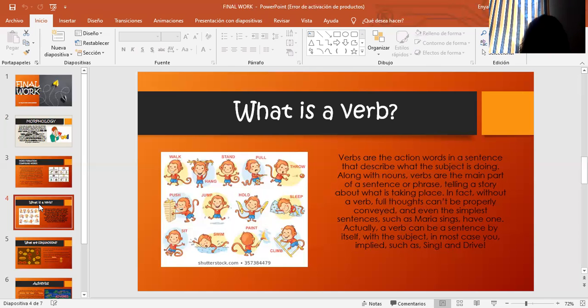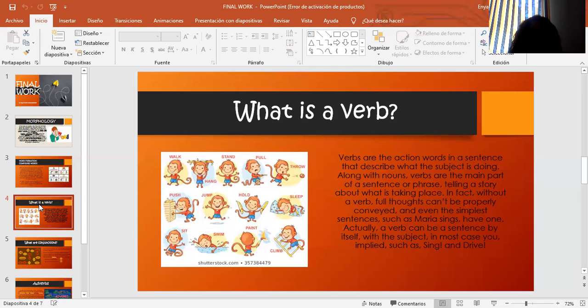And we have intransitive verbs. They are different from transitive verbs because there is no direct object following them.